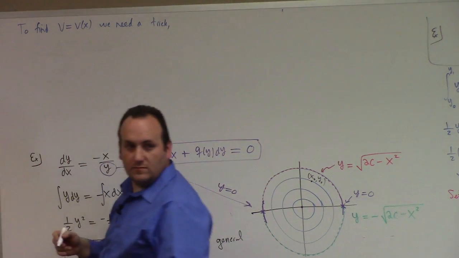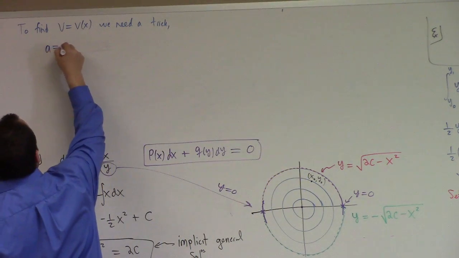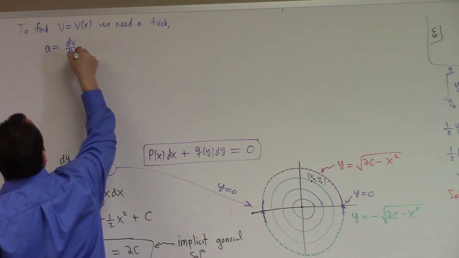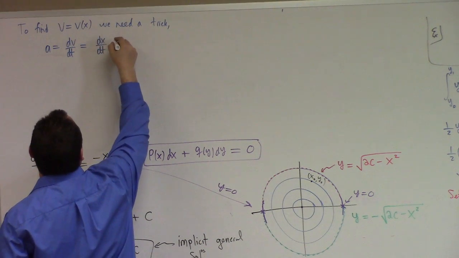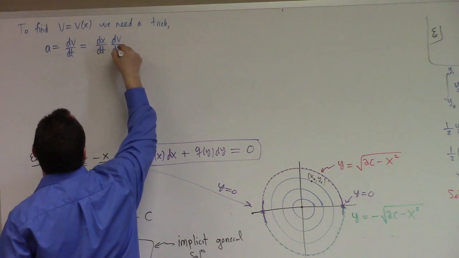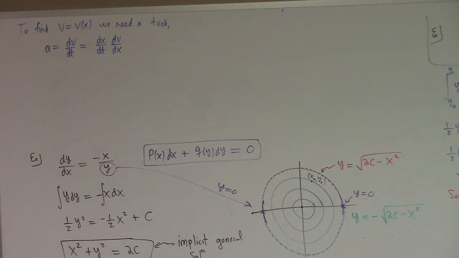So acceleration, right, is dv dt, which is dx dt times dv dx. Now, that is assuming that we can rewrite the velocity as a function of x.